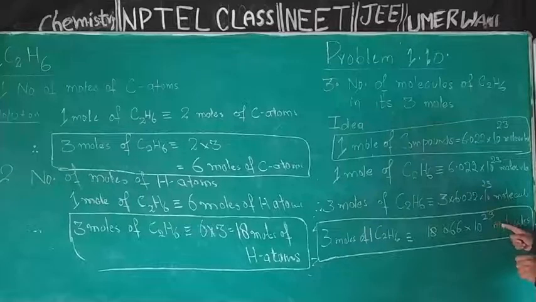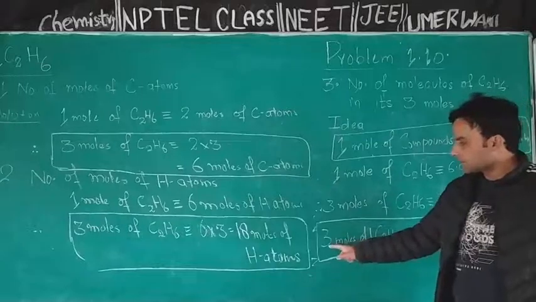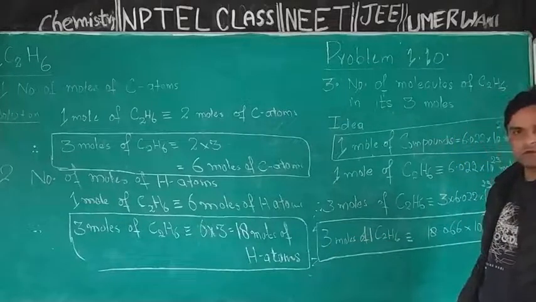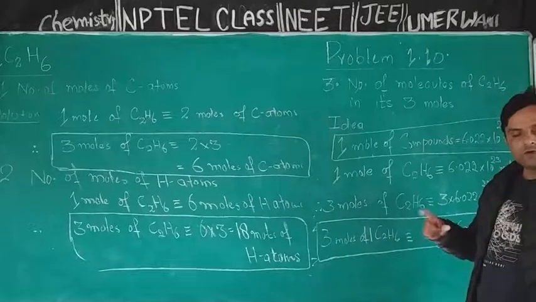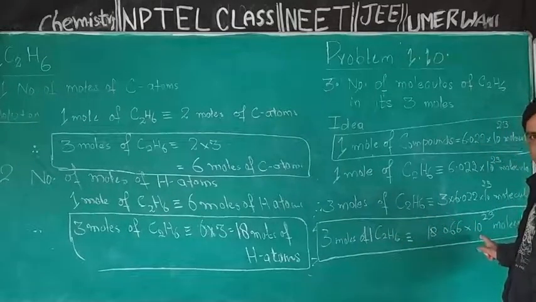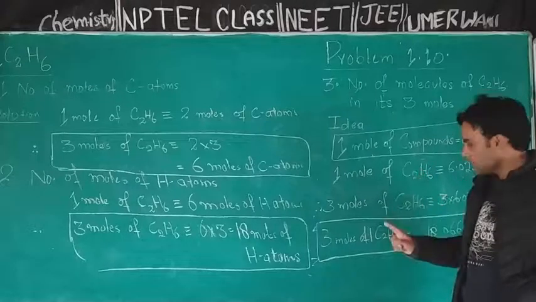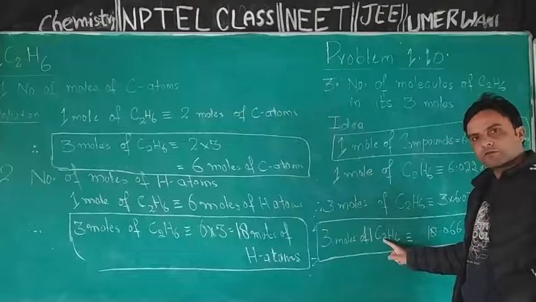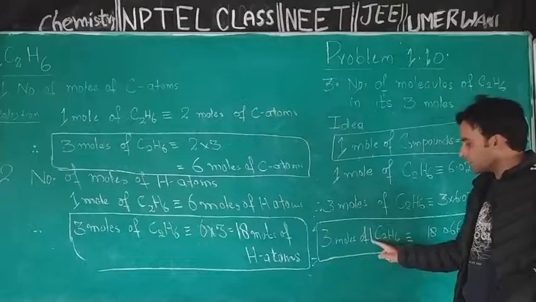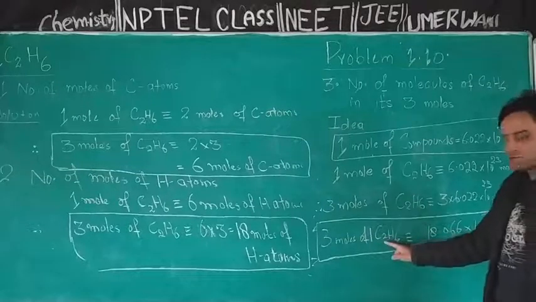You have to multiply total number of molecules of ethane by number of carbon atoms present in its one molecule, which is 2.